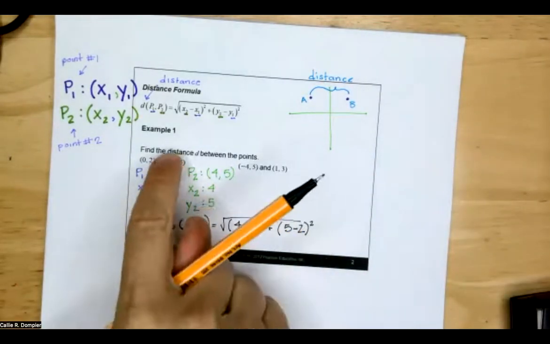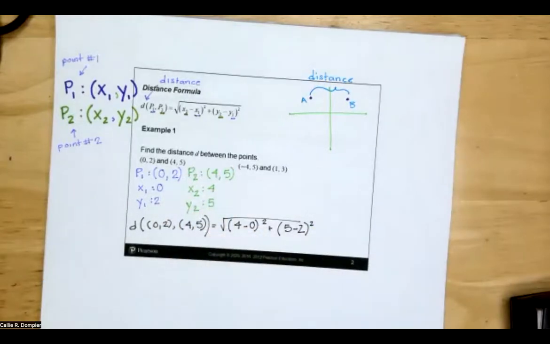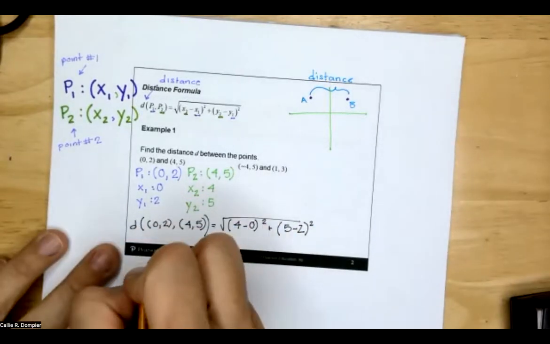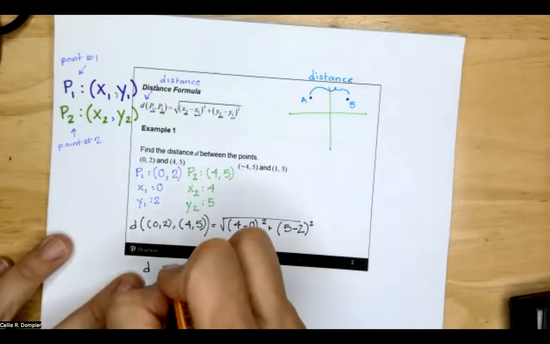So all I did was label them and input them. And you can just call it D. You don't have to say D of the 2 points.